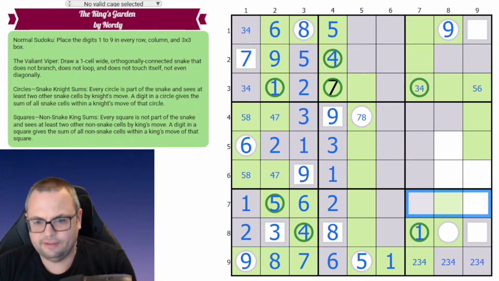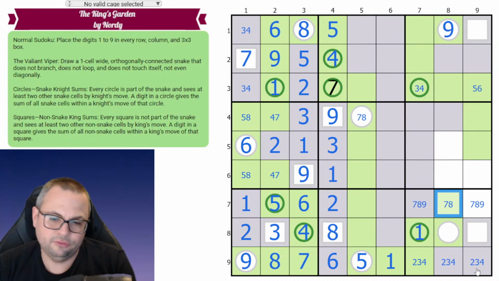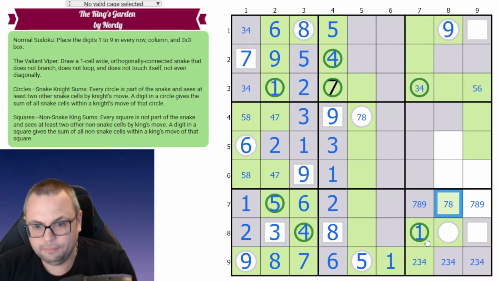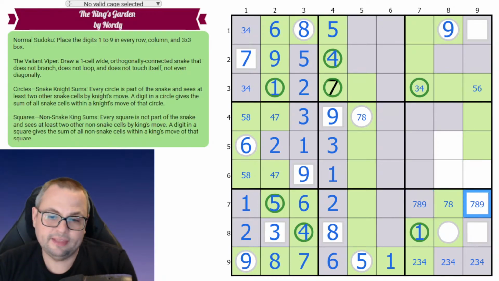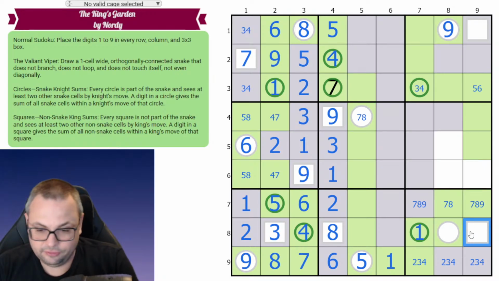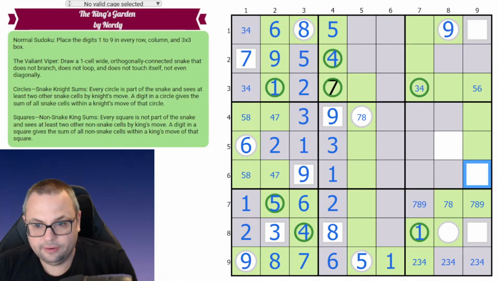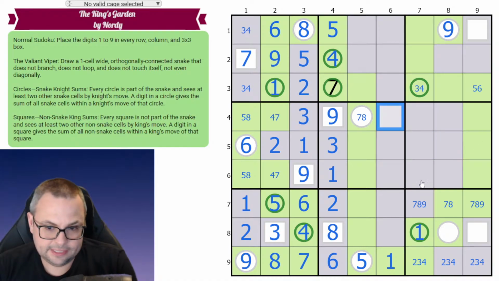Or sorry, these are just a 7, 8, 9 triple, actually, if you look at what they see. They see 1, 2, 3, 4, 5, and 6. So these are a 7, 8, 9 triple. I didn't see it as roping, but it is roping, as Dorlier points out. But anyway, the point is that's not gray, because it would make this square blow up, and therefore we get our snake completed.